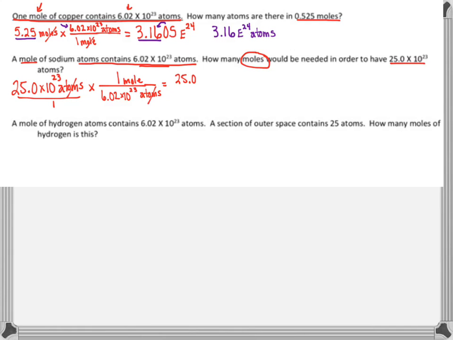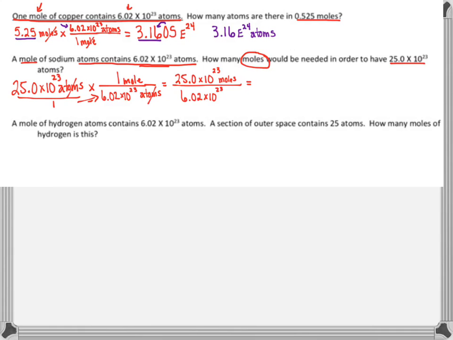then I'm going to end up with 25.0 times 10 to the 23rd moles, because that's my surviving unit, over 1 times 6.02 times 10 to the 23rd, which is 6.02 times 10 to the 23rd. And there's no unit because we canceled it out. So now we're going to divide our numerator by our denominator.